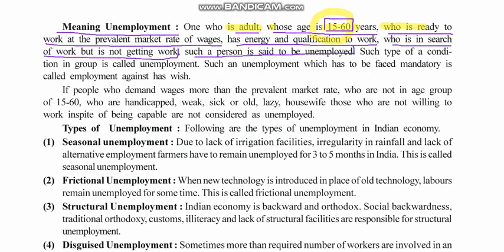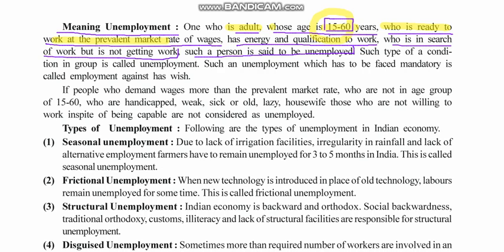Third, who is ready to work at prevalent wages. He is ready to work at the market wages. Suppose I am unemployed and I say I want to work, but I should get 2000 rupees for every hour I work. That is not possible.